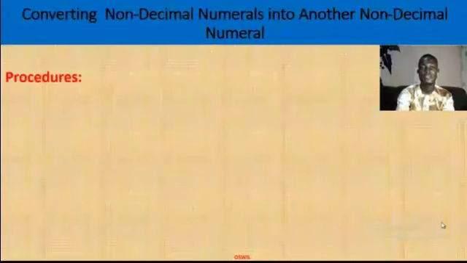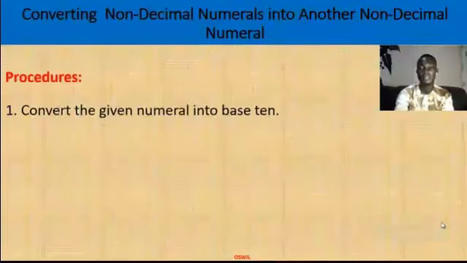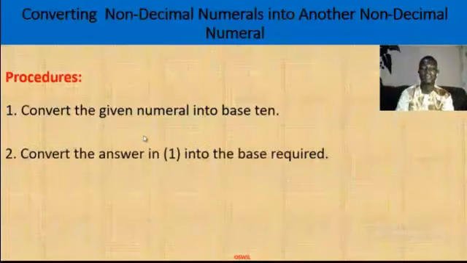Before you can convert a non-decimal numeral into another non-decimal numeral, there are steps you should follow. The first step is to convert the numeral that is given to you into base 10. Then the second step is to convert the answer you have gotten, which is in base 10, to the base required.